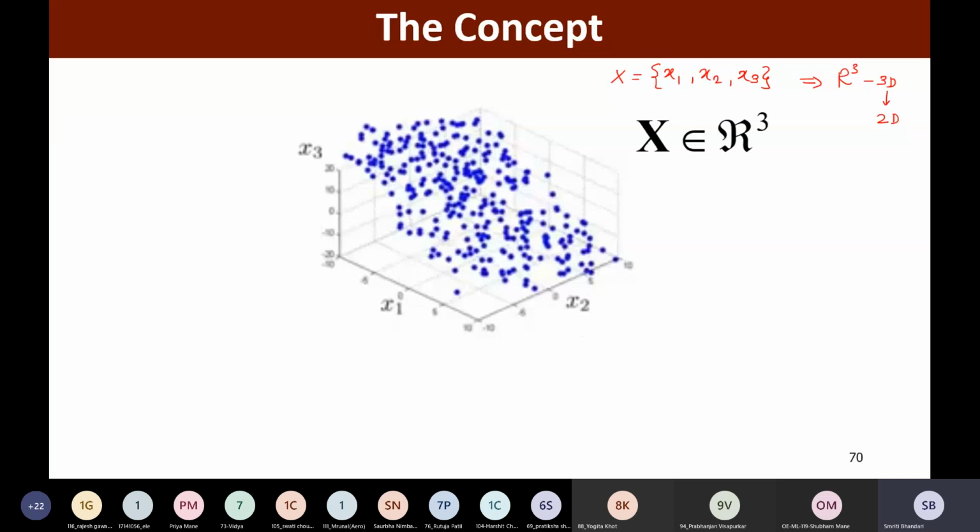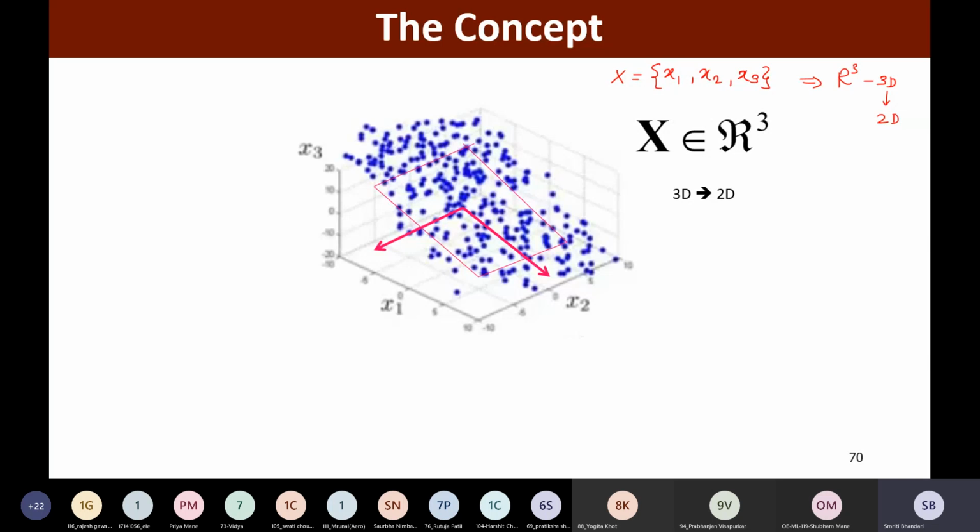As I stated, the original feature space has 3 dimensions, and we are going to convert this 3-dimensional space to a 2D space. So we are going to pick 2 vectors, and these 2 vectors form a plane.